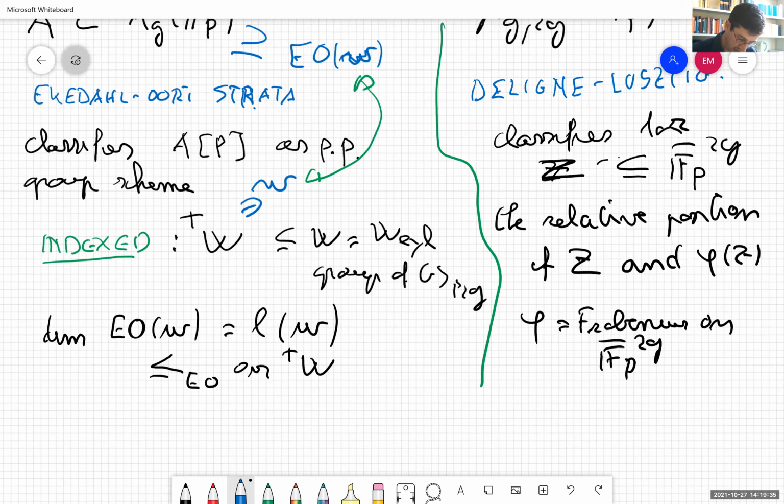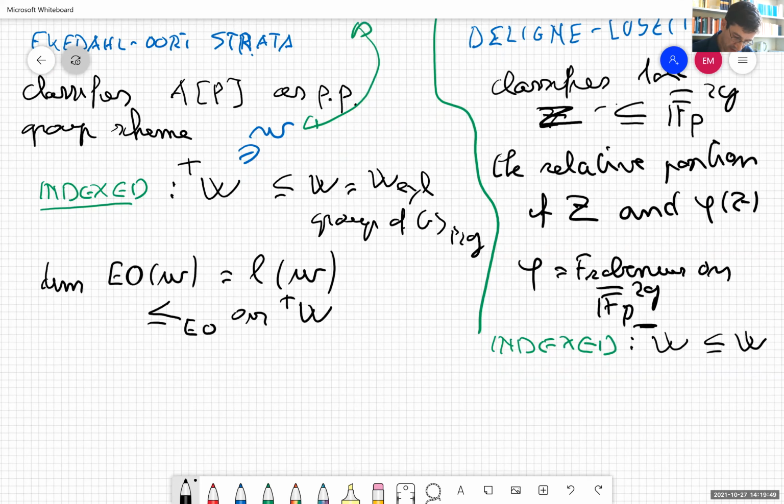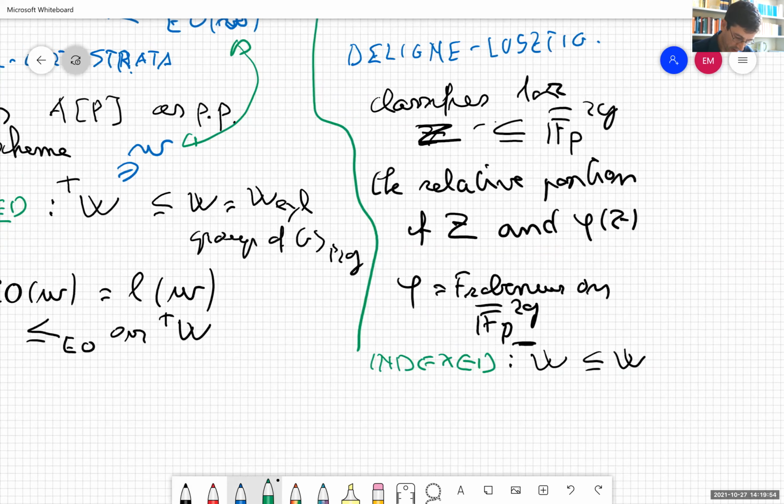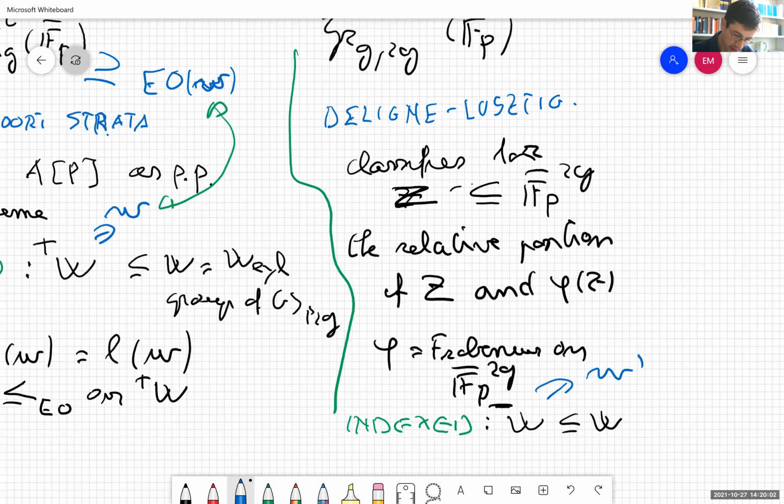Okay. And also in this case, this is indexed by a subset, not a subgroup, of the same Weyl group. And if you have, as before, a w prime in here, you have a corresponding Deligne-Lusztig stratum in here via this correspondence.